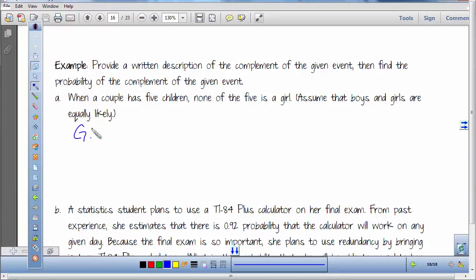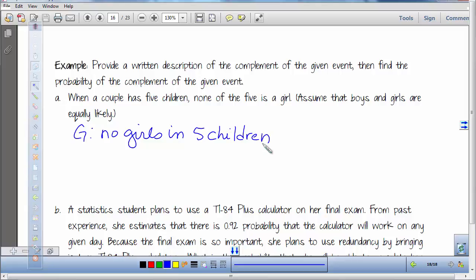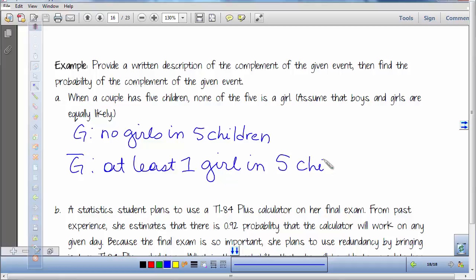So event G is no girls in 5 children. Well, the complement of this is at least one girl in 5 children. All right, so that's the complement.